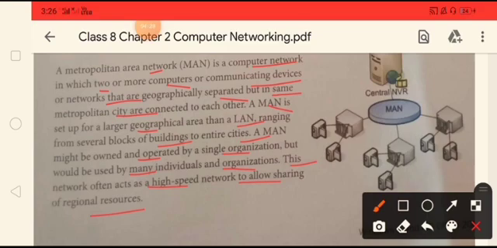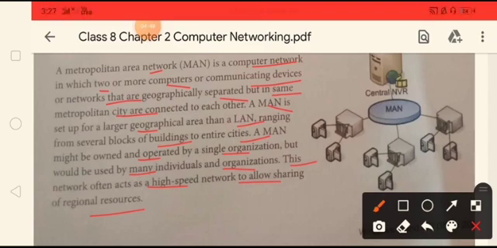Now, MAN stands for Metropolitan Area Network. It means that communication between two or more computers is possible that are separated from each other but in the same city. That is where the Metropolitan Area Network works. It is used for a larger geographical area. LAN is used for a limited building or office.